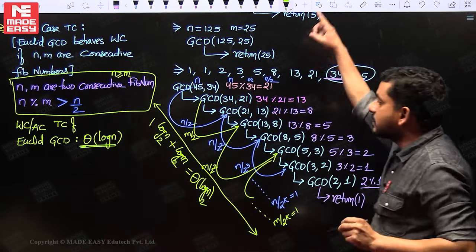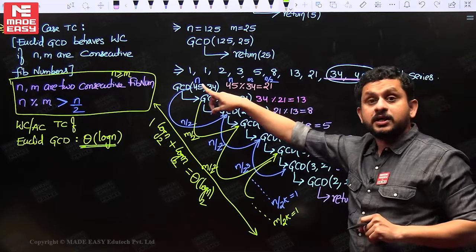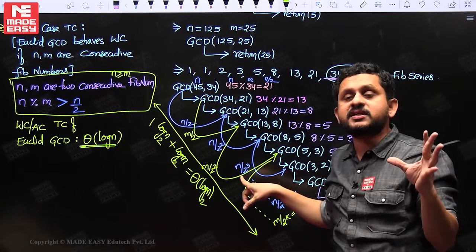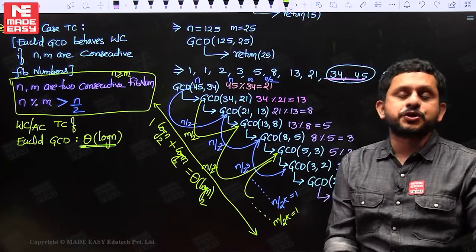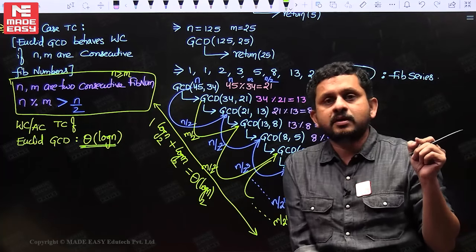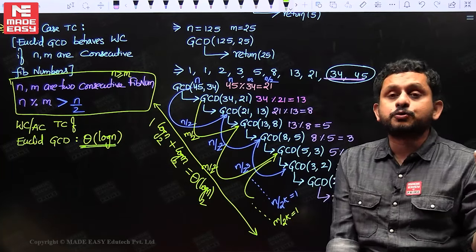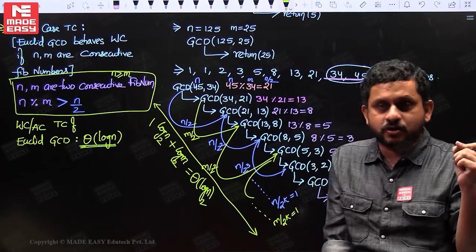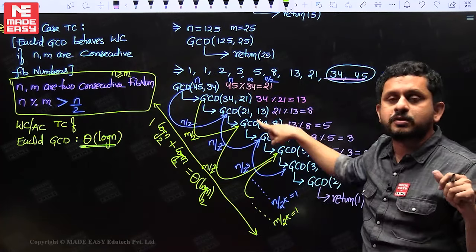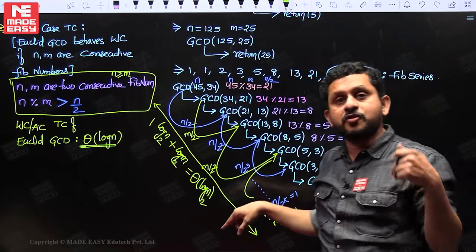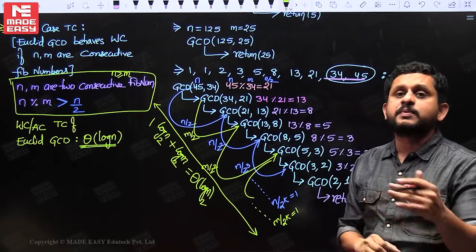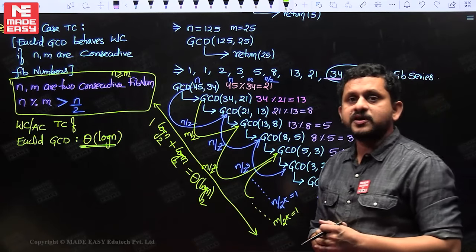The Euclid GCD algorithm behaves worst case if n and m are consecutive Fibonacci numbers and requires more function calls. If they are not consecutive Fibonacci numbers, then the algorithm runs much faster.